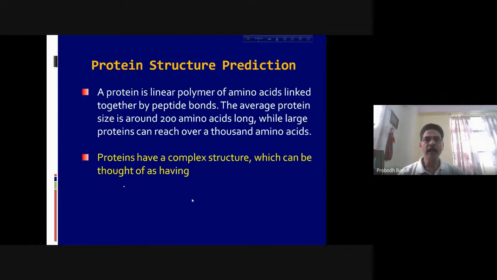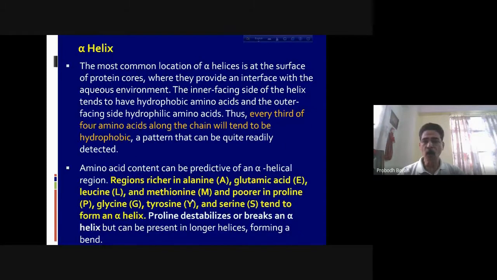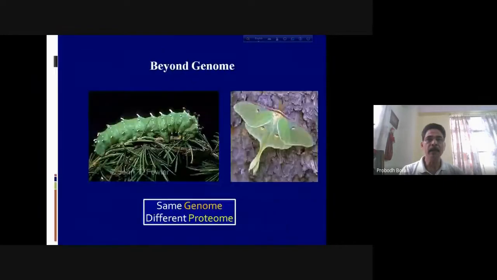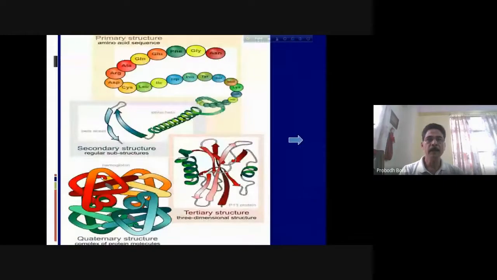As we know that there are 4 hierarchical levels of protein structure. I think there should be a slide here to explain it. Let me find it out. Okay. You know that there are 4 hierarchical levels of protein structure. First one is the primary structure, which is composed of amino acid chain, a sequential arrangement of amino acids.